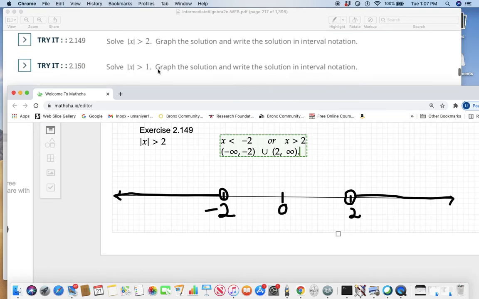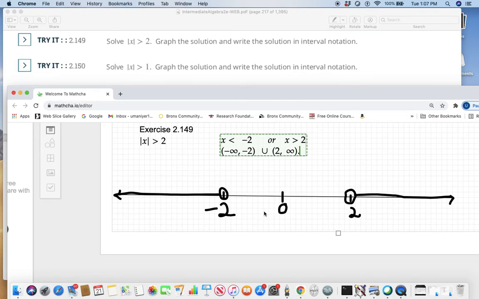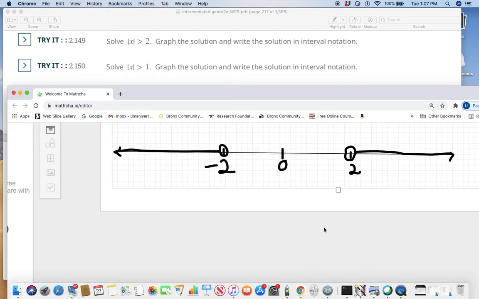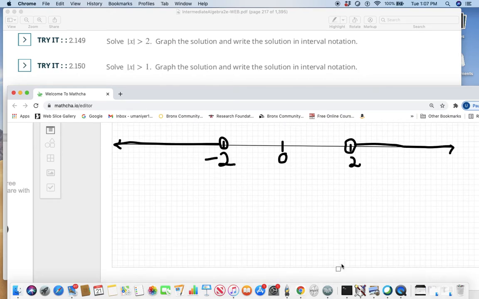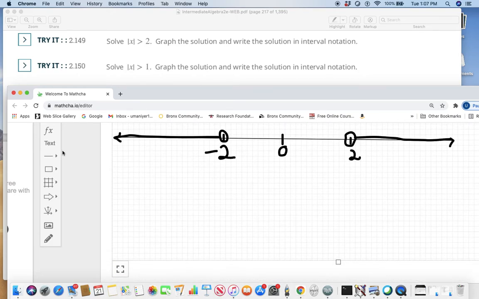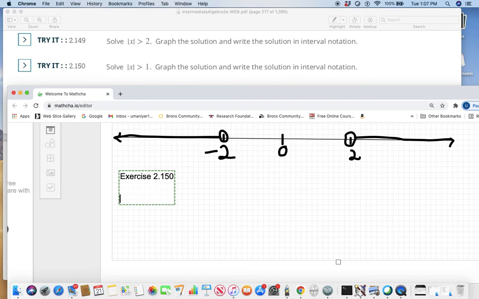Let's try one more. Absolute value x greater than 1. So this is exercise 2.150. You want to understand absolute value x greater than 1.